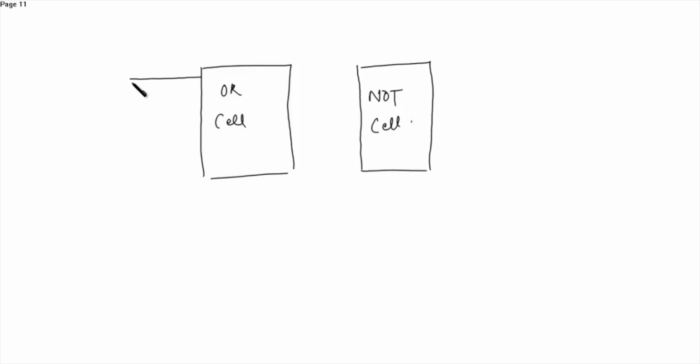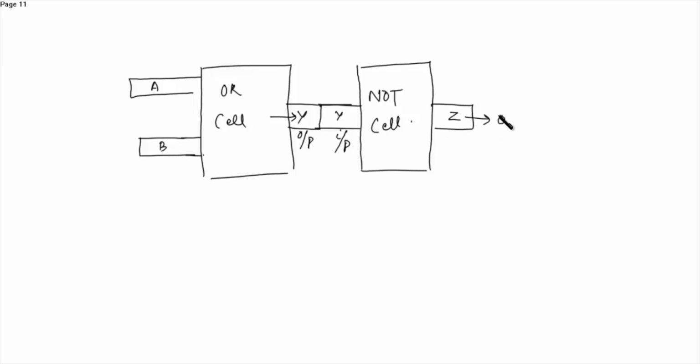The input of the OR will be A and B. The output, let's say it's Y. The output of this will act as input to the NOT cell, and then the obtained output will be Z, which is the output of NOR.